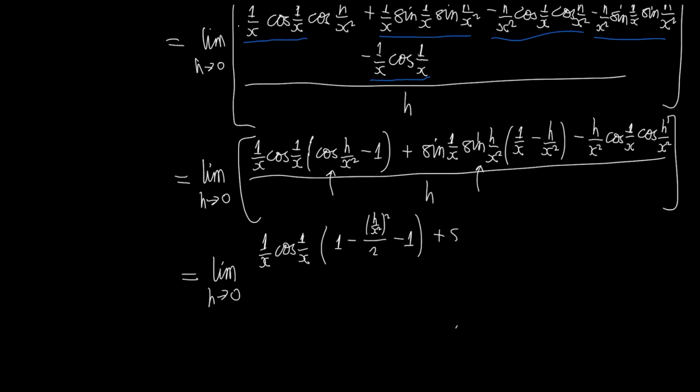And then this sine here can be written as h over x squared, approximately, obviously. And then that's left unchanged. Now, this last term on the end, we're just going to leave it as it is for now, but you can see that once we divide by the h, we can immediately take the limit, so we're not going to worry about that.